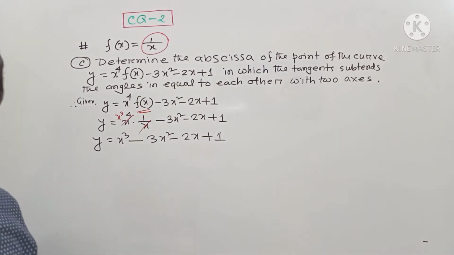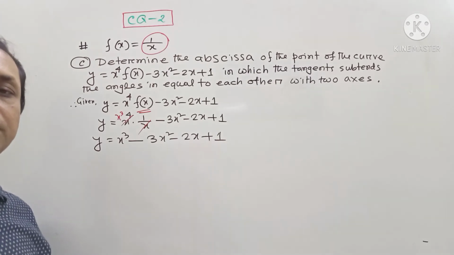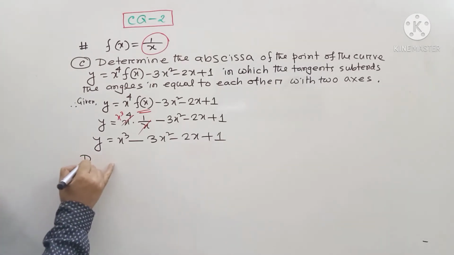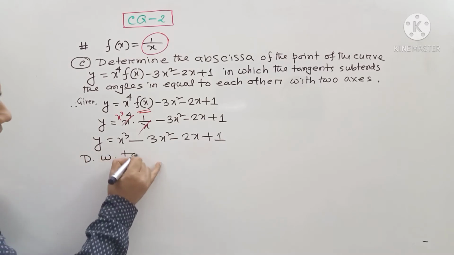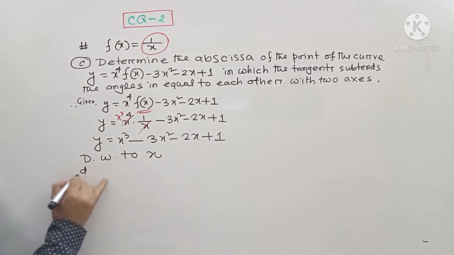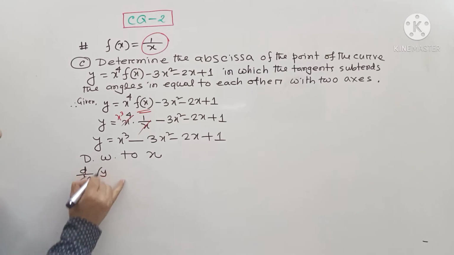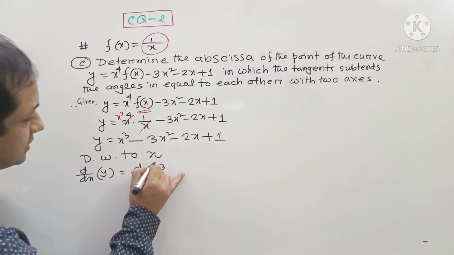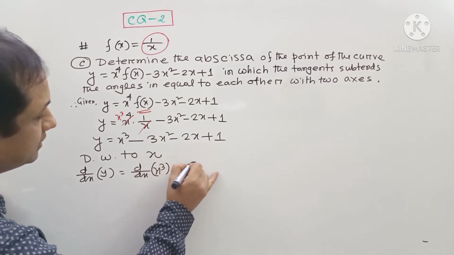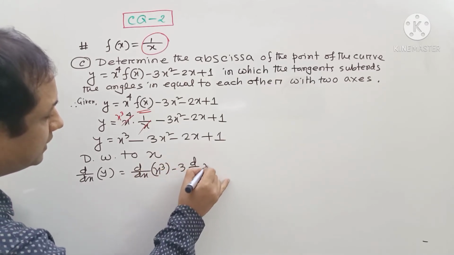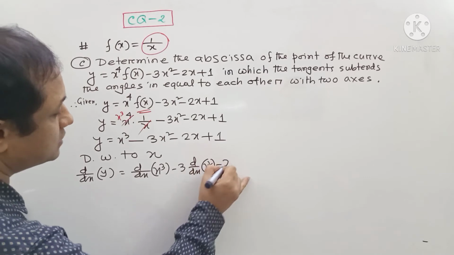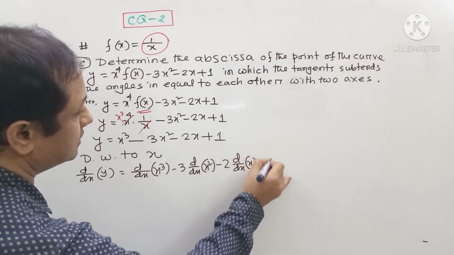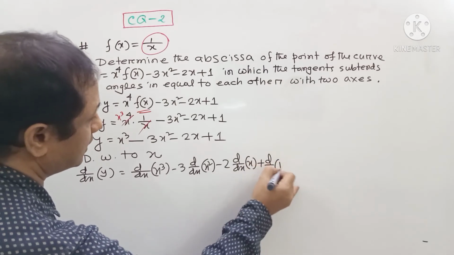So student, here differentiating with respect to x. Now ddx of y equals ddx of x cube minus 3 ddx of x squared minus 2 ddx of x and ddx of 1.